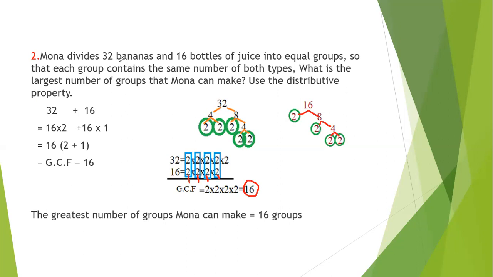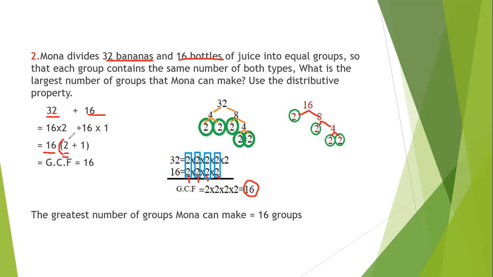Okay, now I want to know how many bananas I will put in each group and how many bottles in each group. So I have 32, this is the number of bananas, and 16 bottles. And the GCF is 16. Let's put 16 out and see. If I divide 32 by 16 and put the answer inside the brackets, 32 divided by 16 equals 2. 16 divided by 16 equals 1.